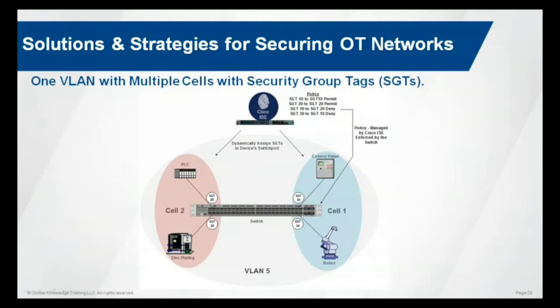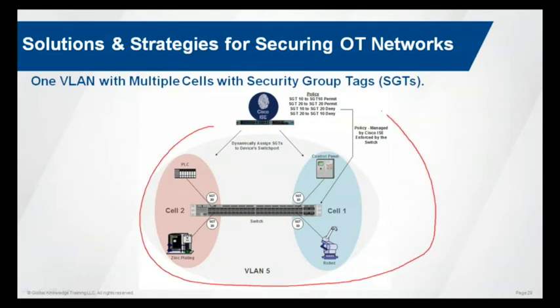So I'm just trying to give you an overview of how you can use TrustSec to microsegment your OT networks without having to use VLAN only or firewall only. You still need to use VLAN and firewall. For example, you can see here I'm using one VLAN, VLAN 5, and multiple cells.